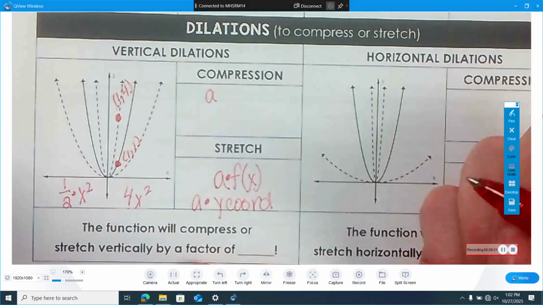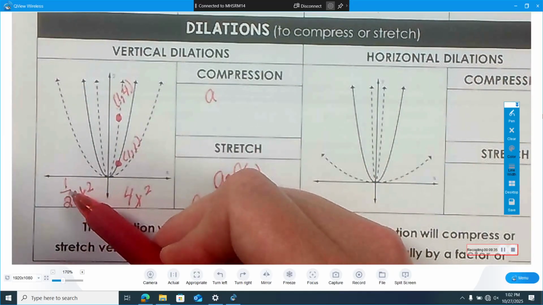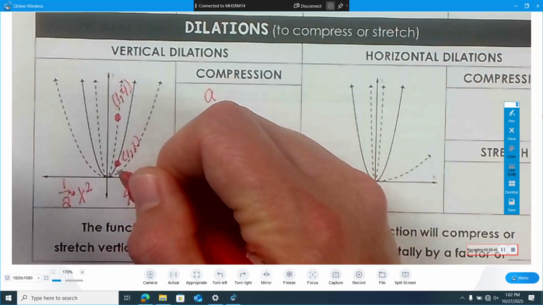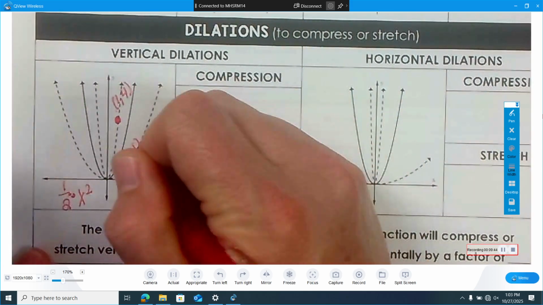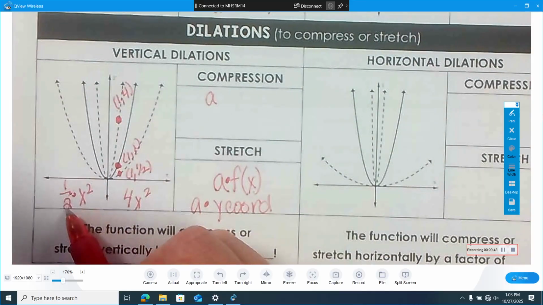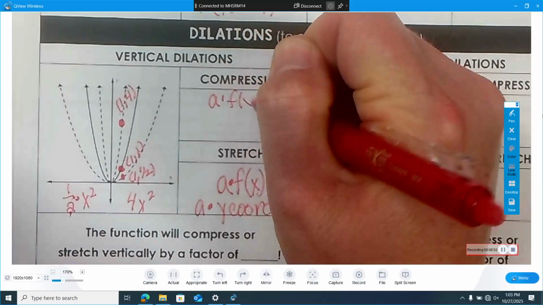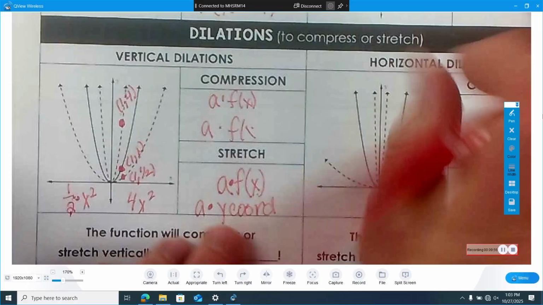It's going to shrink it, yeah. Because again, it's going to take the y-coordinate and multiply it by 1/2. Well, 1/2 times 1 is 1/2. And so that point gets shrunk lower, all right? The x-coordinate stays the same, but now we multiply our original y-coordinate by the 1/2. So again, a times f of x, really it's just whatever a is times our y-coordinate.